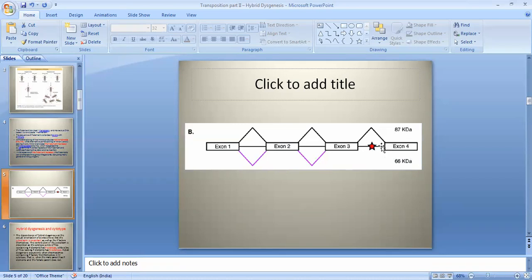Therefore, exon 4 is not translated when this kind of immature or differentially spliced mRNA moves to the cytoplasm.